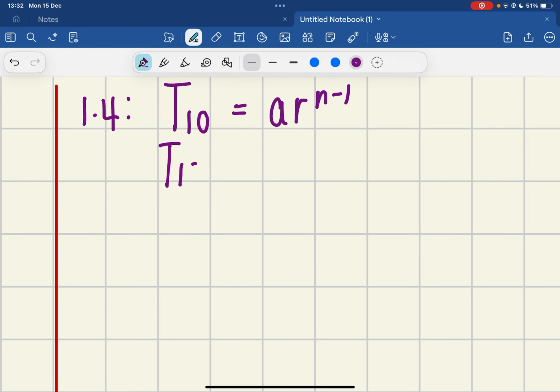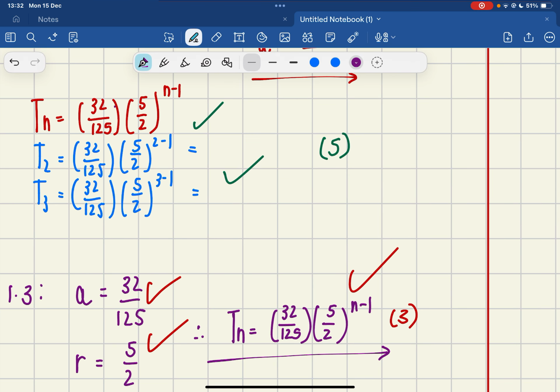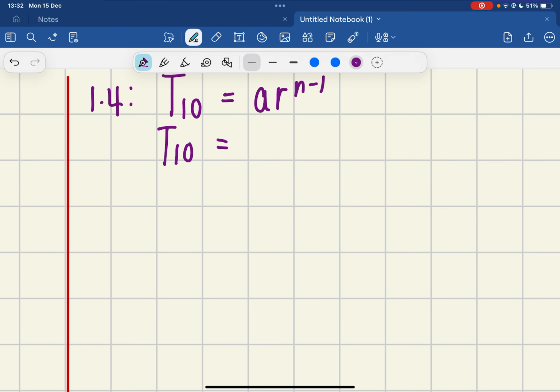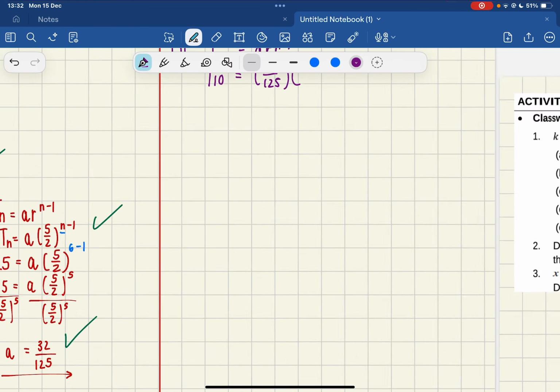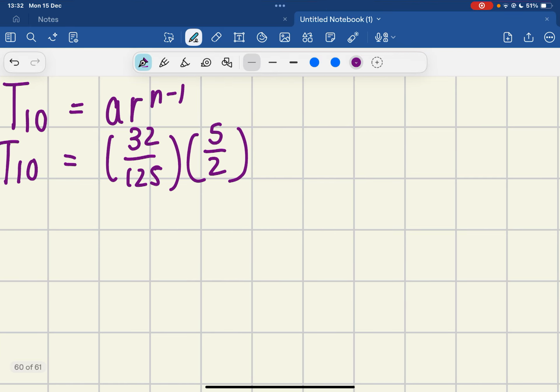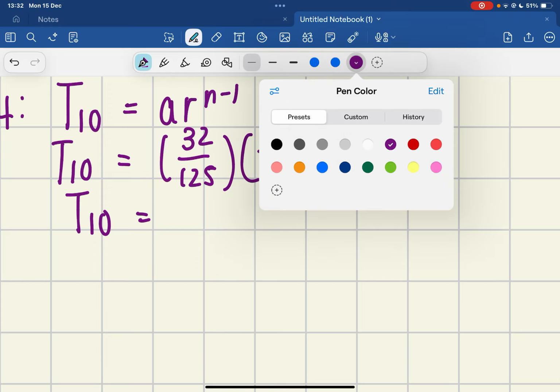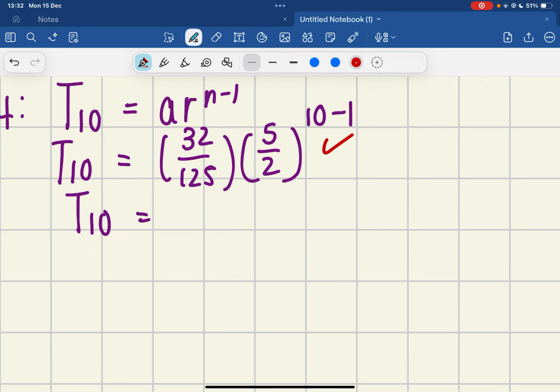So T10 is equal to our A value, which is 32 over 125 multiplied by our R value, which is 5 over 2. Remember, they're looking for the T10 formula, so n is equal to 10 minus 1, and T10 is equal to this answer here. So you would get 2 marks, substitution, final answer.